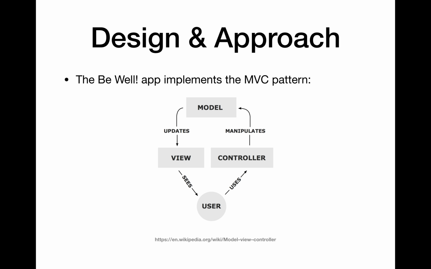Then the model data is rendered to the user through a view, and the user is able to interact with the view. User interactions typically result in triggering some kind of controller action, and then that controller action will subsequently update the model and push back a new view to the user.